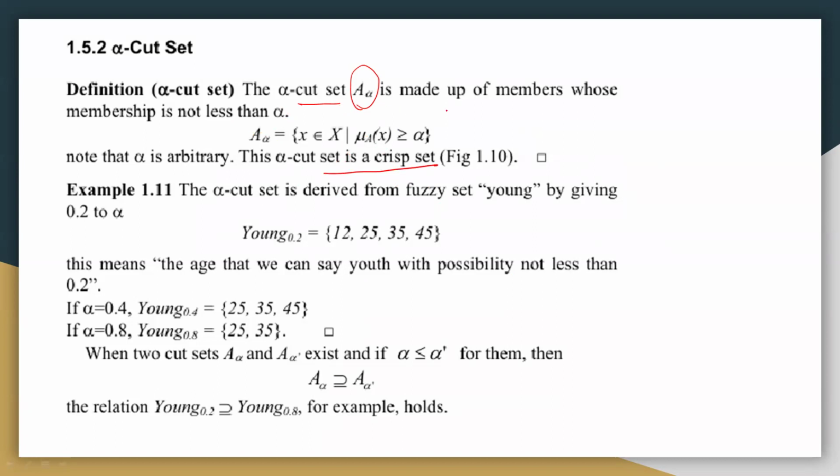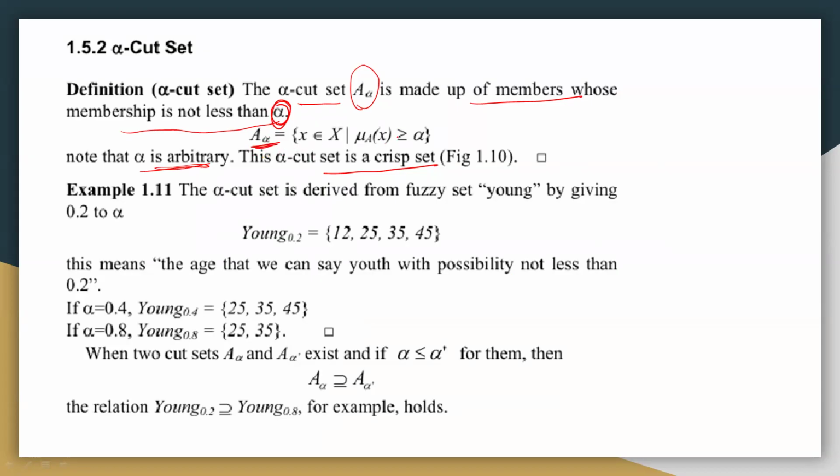It is made up of members whose membership is not less than alpha, where alpha is any arbitrary value. You can take any arbitrary value from among the existing values and we find a new set known as A alpha. Now, what is A alpha?